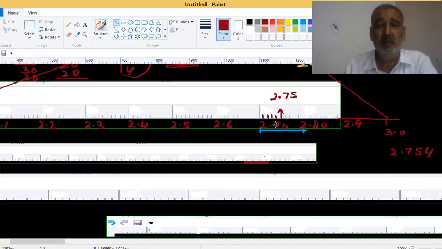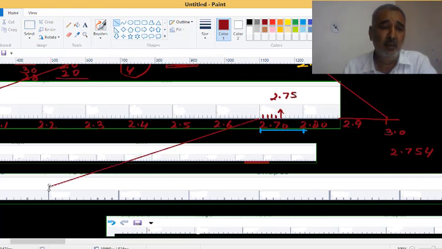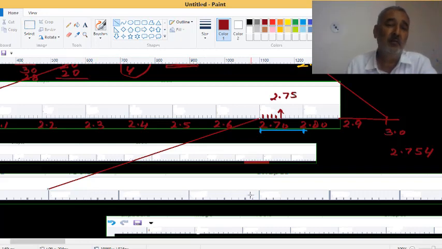By the magnification method, you can take this 2.70 here. Stress this point here. Magnify it. And 2.80 after 10 divisions. So clearly this number will be, should I mark this 2.80?